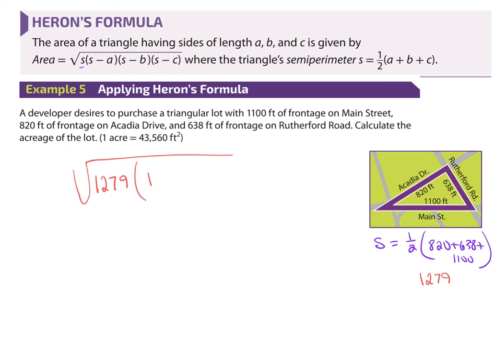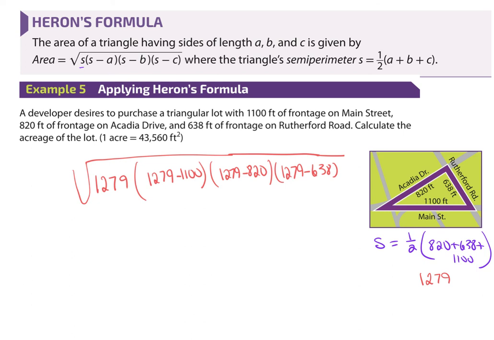So I would take 1,279 minus my first side times 1,279 minus my second side times 1,279 minus my third side. It's really just a memorization. Find half of your perimeter, your semi-perimeter, and then in the root, you're going to multiply that by the subtraction of each of the sides from that semi-perimeter, okay?